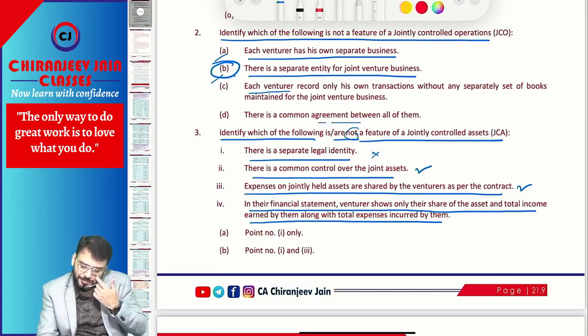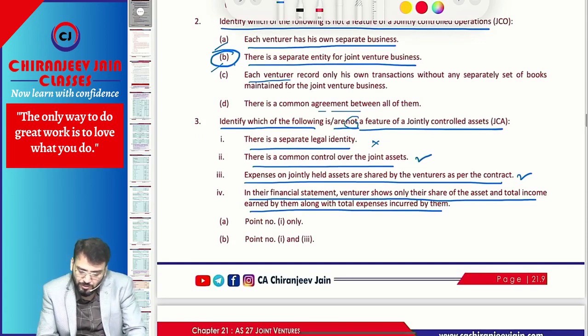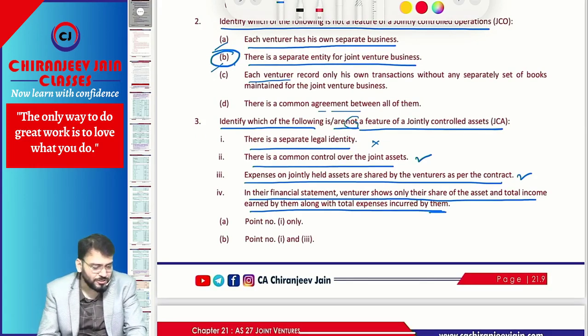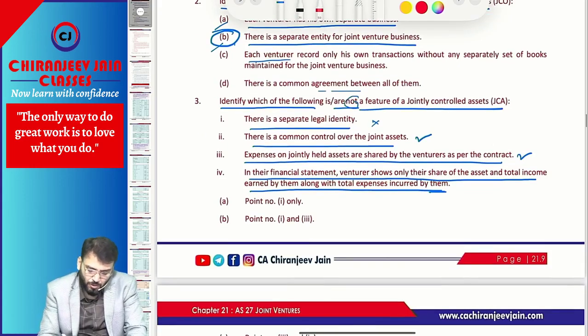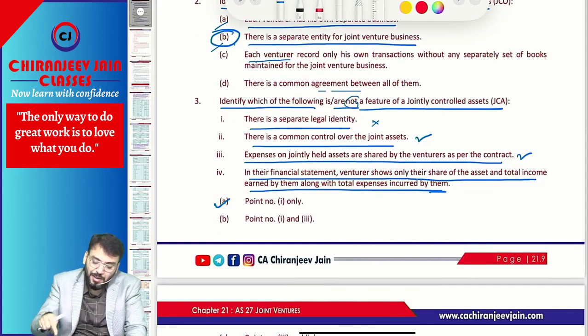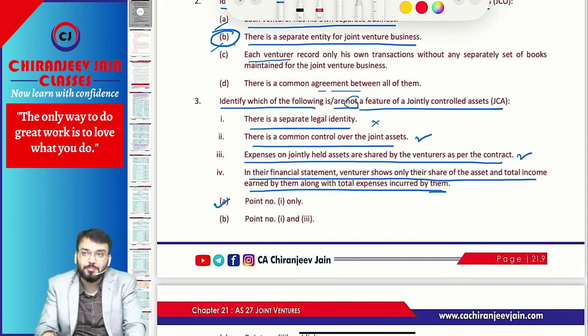By them, they have given now. Them means what? Venturer. It is also correct only. What option is given? So option number A, correct. This is also correct because they have taken total income earned by them. Them means what? They say only. Total expense incurred by them. Them means what? Their own share. English, Baba, English. Don't be confused.